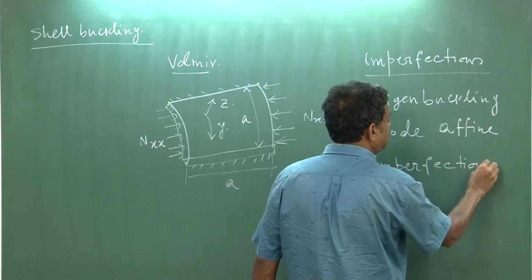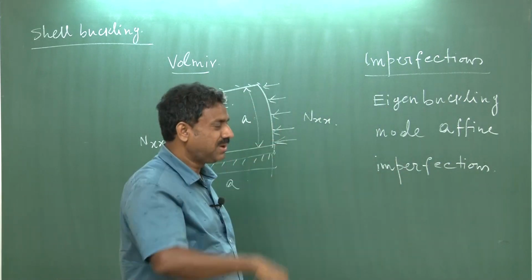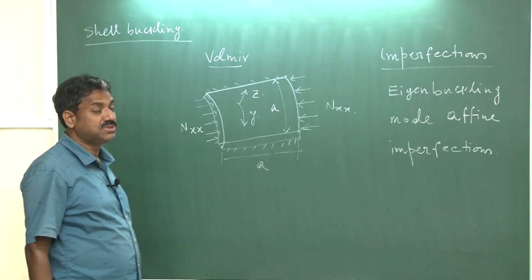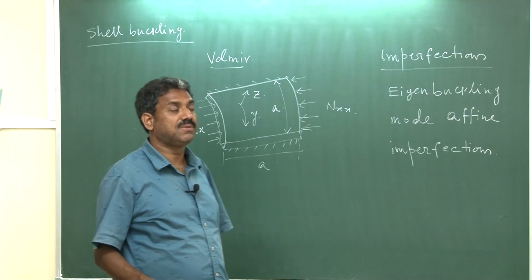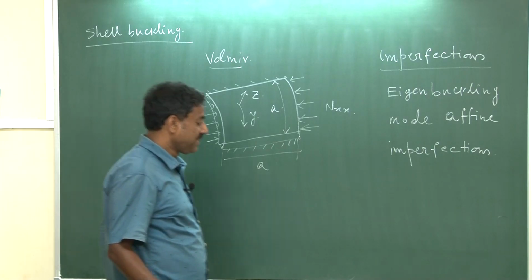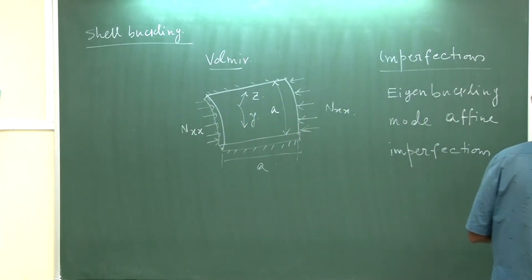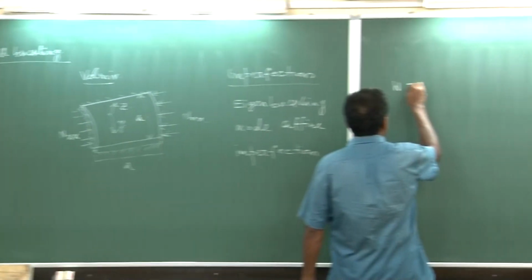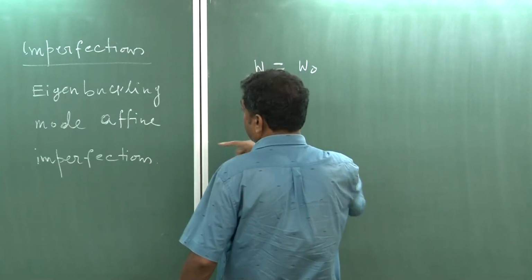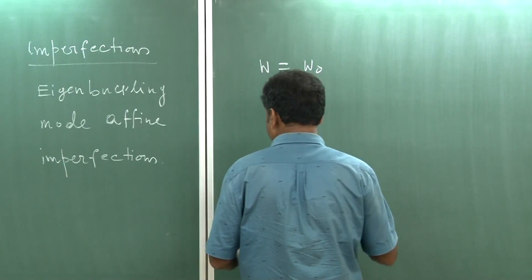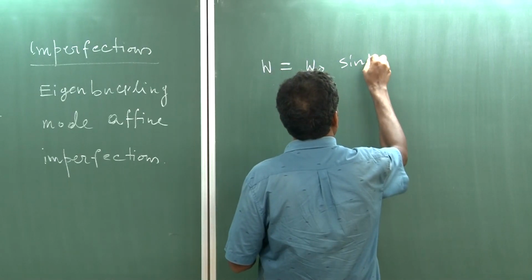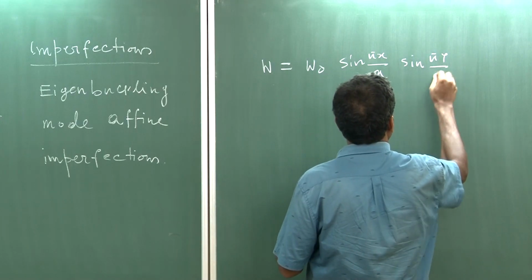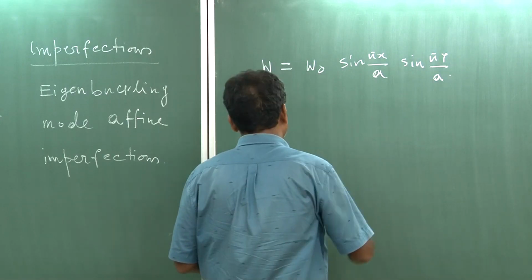Please note that imperfections can be random as well, but that will change things quantitatively, qualitatively there will be no change, and we want to demonstrate the qualitative post critical load drop. So, as you see the assumption, let us assume W is equal to W0 sin(pi x upon a) sin(pi y upon b), with this kind of boundary condition. This is the deflection.